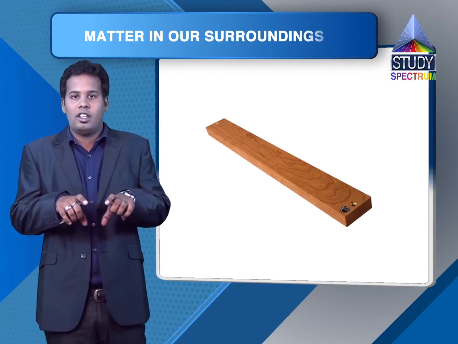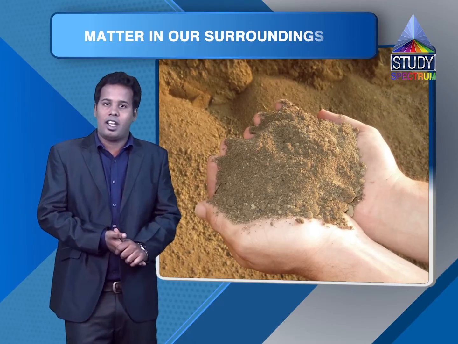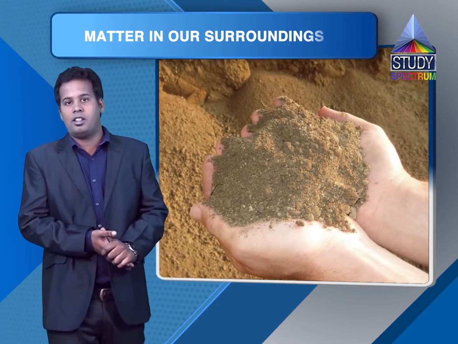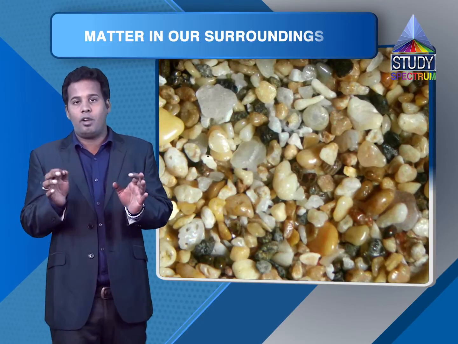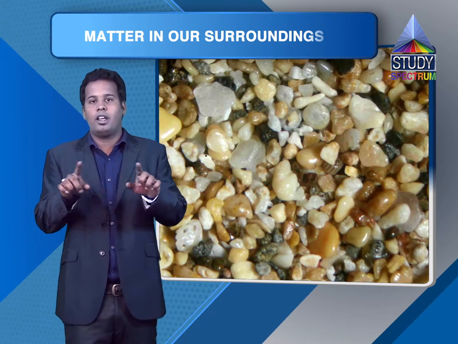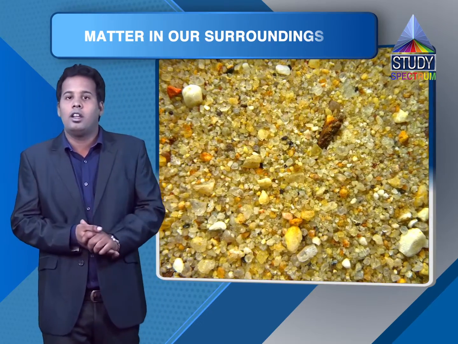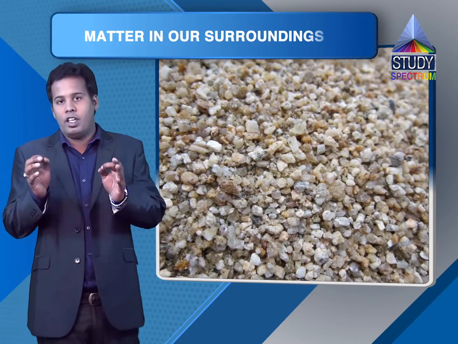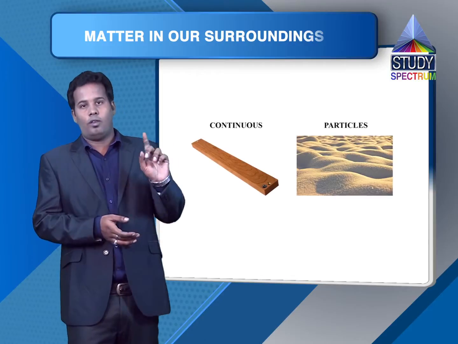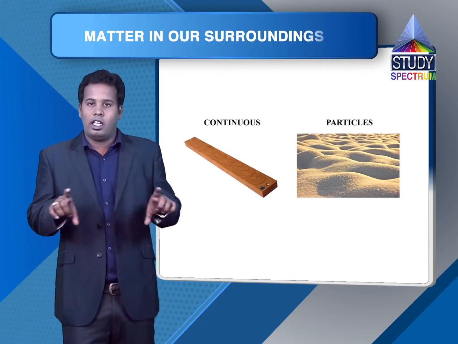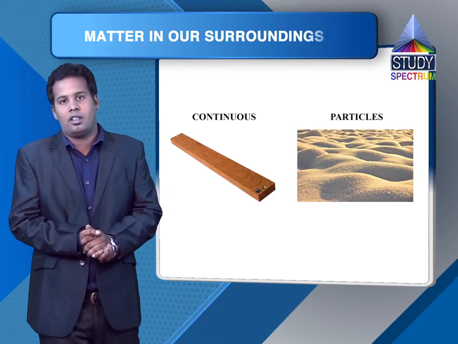The other school of thought said matter is made up of particles, like sand. If you take n number of particles of sand, it will make a regular shape or a body, and that body is made up of different particles of sand. So one school of thought was matter is continuous, the other was matter is made up of particles.